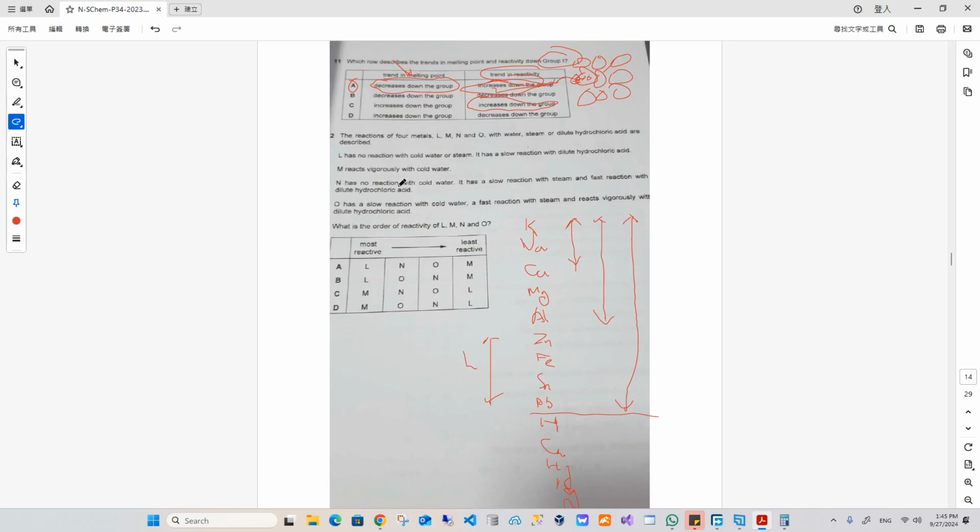N has no reaction with cold water, no reaction with steam, and fast reaction with hydrochloric acid. So that means N is roughly here. O has slow reaction with cold water and fast, vigorous reaction with steam, so O is roughly here.